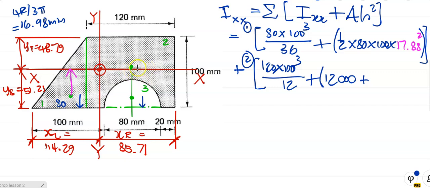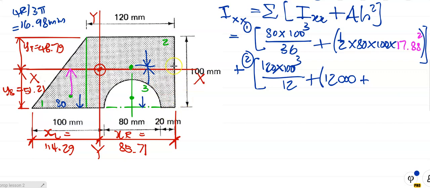So if I draw a line, there's my XX axis for the rectangle, and h is the distance between the XX axis of the rectangle and the XX axis of the whole cross section.